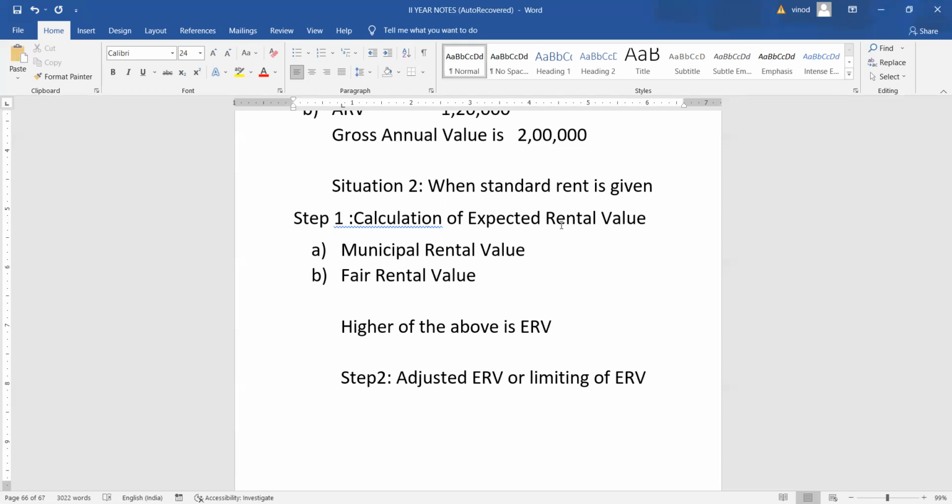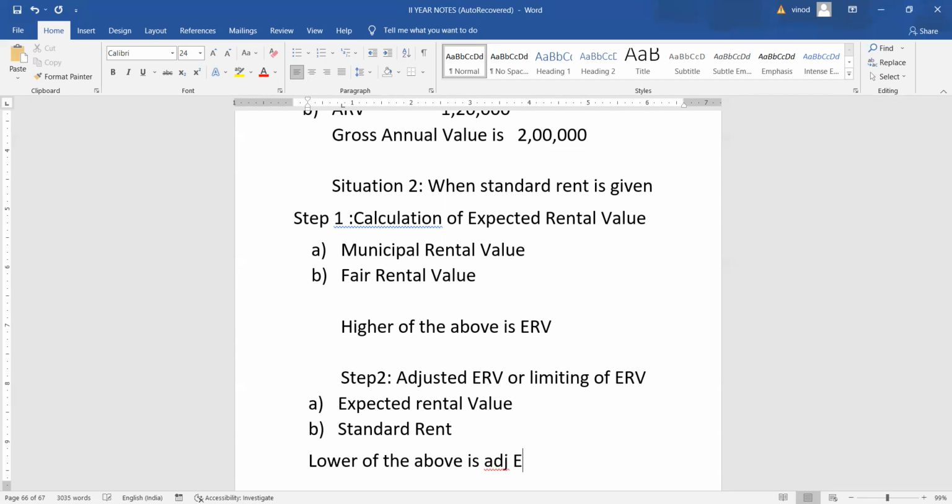Then we should take expected rental value, which we calculated in the first step, and the second, standard rent given in the problem. Here you should remember, you should take the least of the above, or lower of the above. Lower of the above is adjusted ERV.